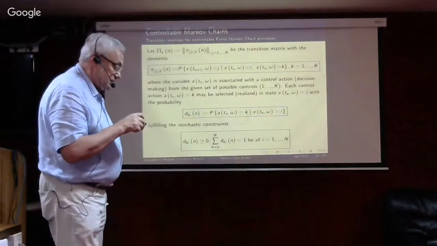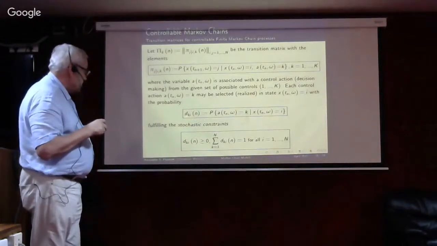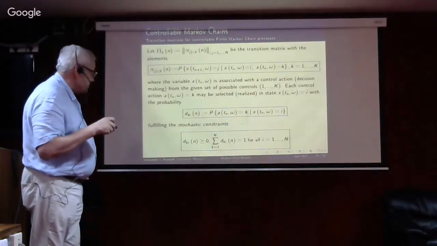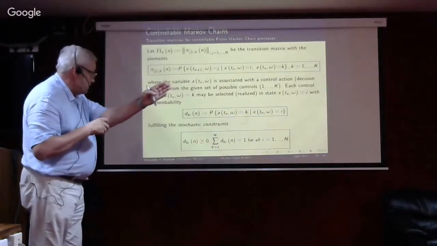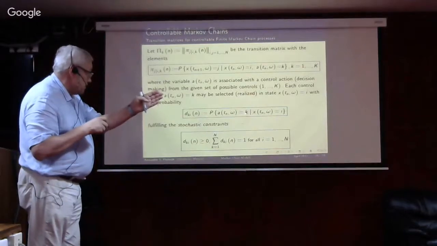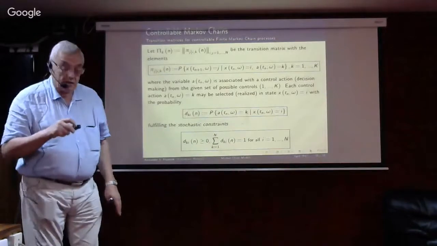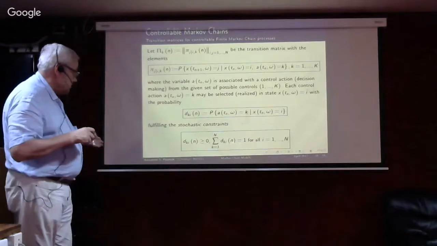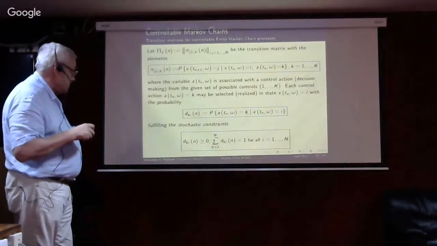So how do we explain it mathematically? We introduce a probability value in the physical sense. If we are in state E, we select control K, which means that we select the matrix with index K. So at each time we must select one of the possible strategies.